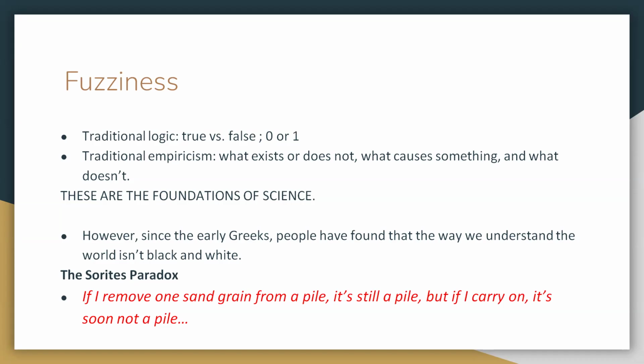But we do not know exactly where that point is. It depends on the height of the heap or the number of sand grains in the pile. So there is a limit where the last grain will not be a part of the pile. It will be a simple sand grain.